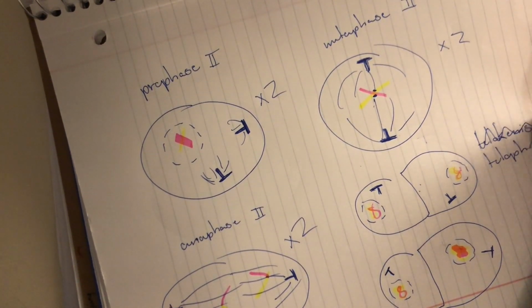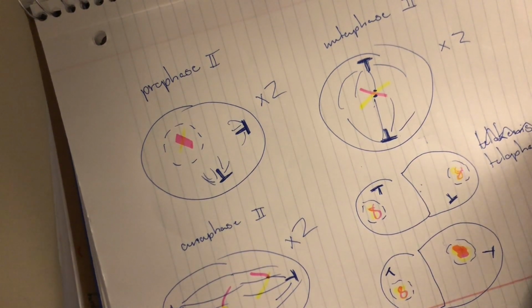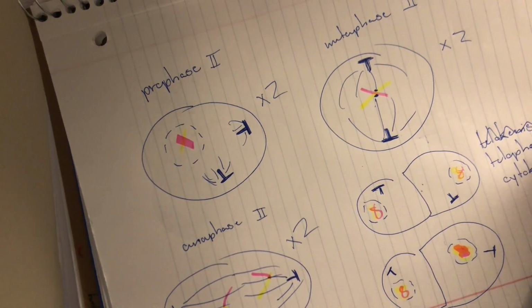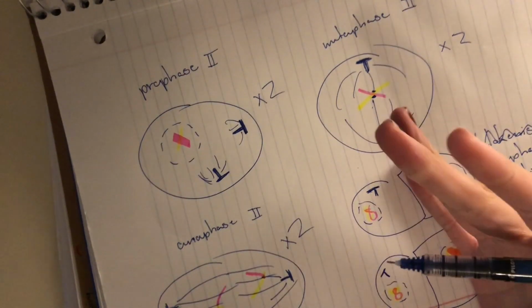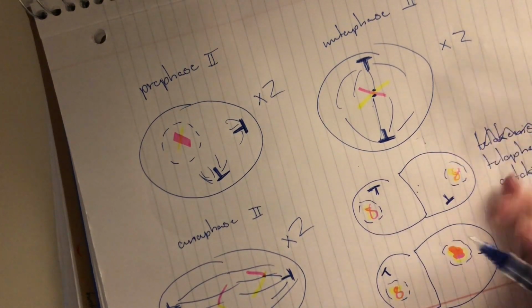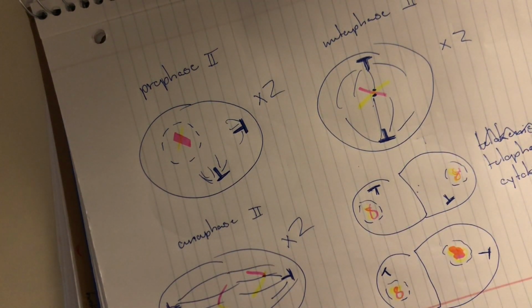And cytokinesis. And we get four unique gametes, each with a half set of DNA rather than a complete set.